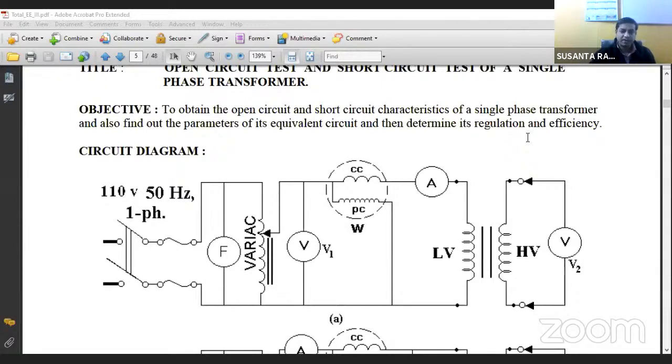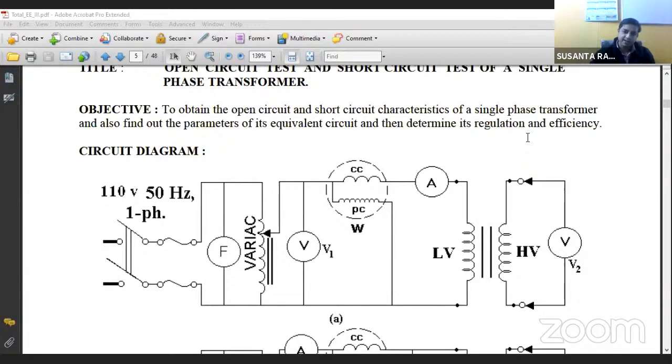So which parameters will we extract from this open circuit test? These are the shunt branch parameters of this equivalent circuit. Shunt branch parameters means there are two parameters. One is the magnetizing inductance, another is the core loss component of resistance.